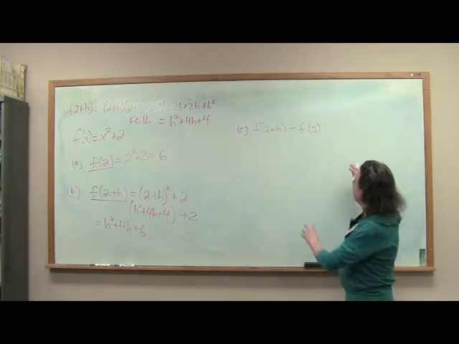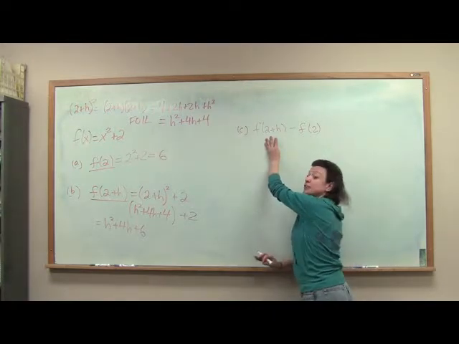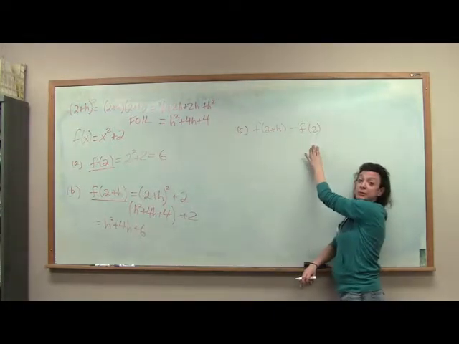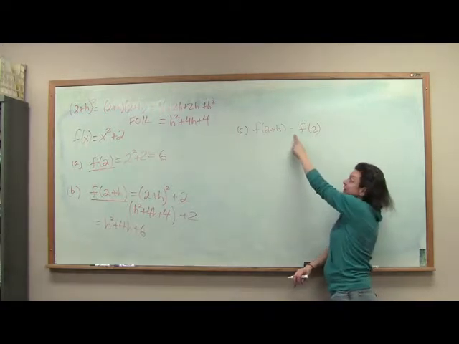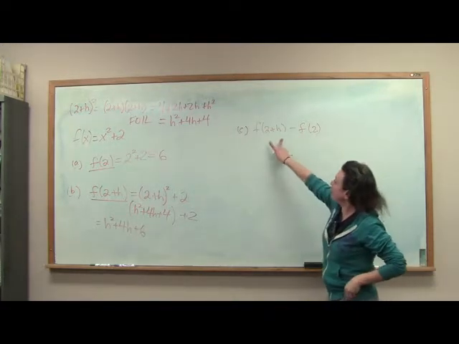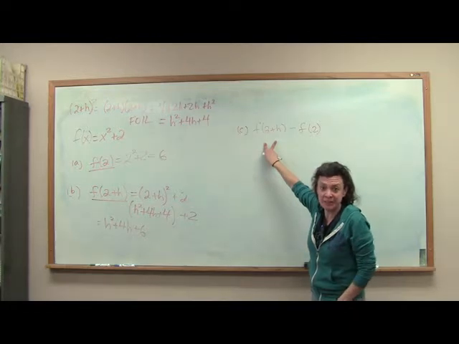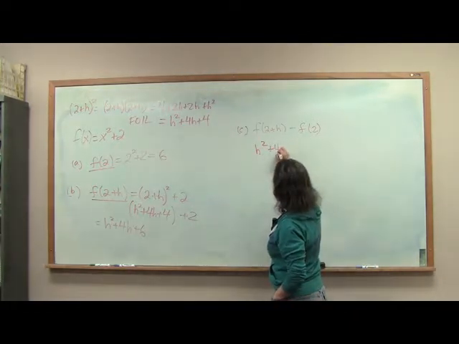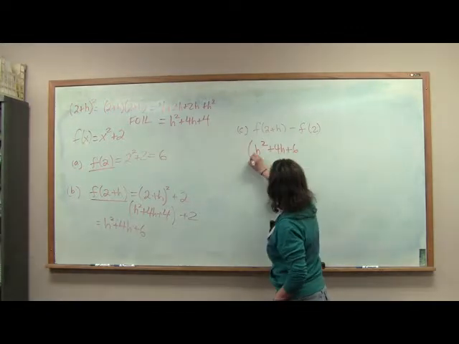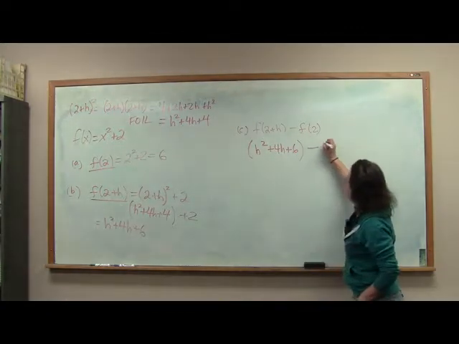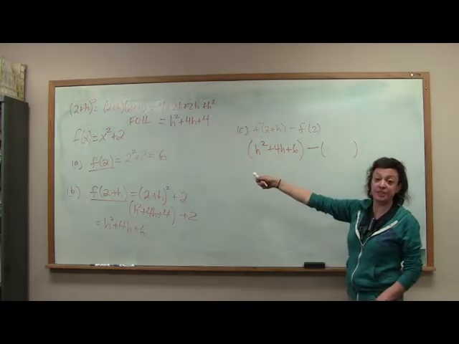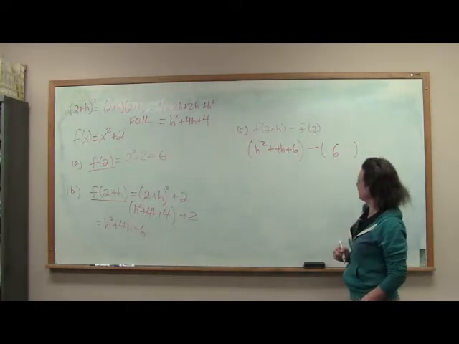Why? Well, again, what you'd have to do is you'd have to compute f of 2 plus h. You'd have to compute f of 2 and then take the difference. But we already have computed f of 2 plus h. We've seen that's h squared plus 4h plus 6. And I claim we've already computed f of 2. We found that to be 6.